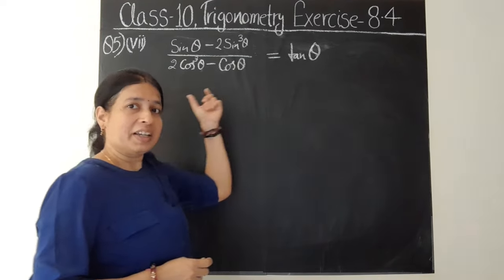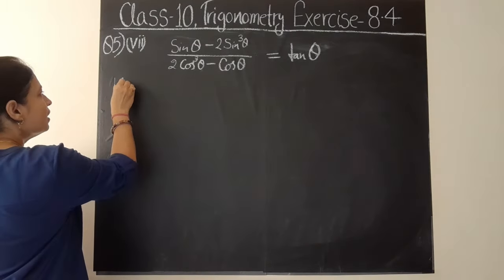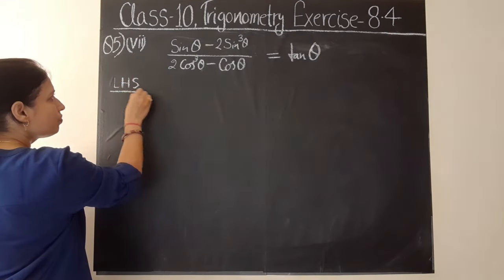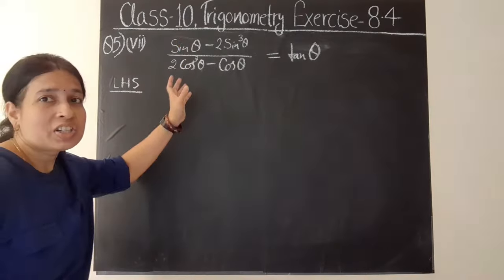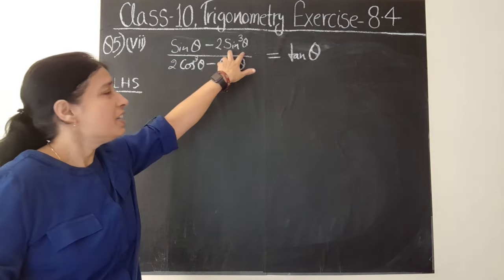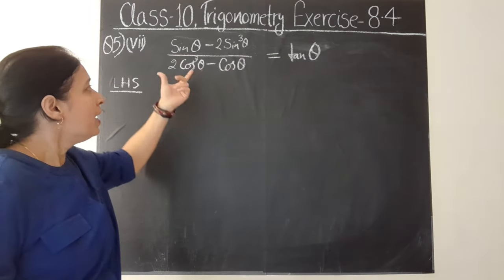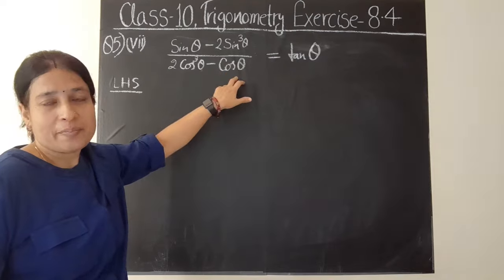So first we take LHS. Okay, so take LHS. Right here LHS. In LHS you can see what is common. Here it is given sin theta, here it is given sin cube theta, and here it is given 2 cos cube theta minus cos theta.